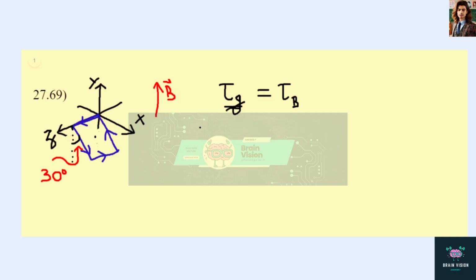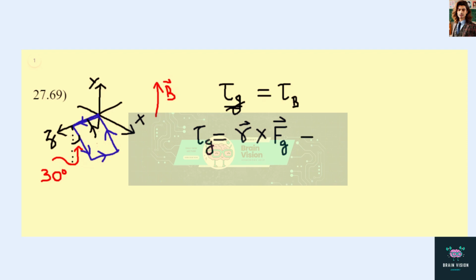And you must remember that the torque in general is just r cross F, where F is the force. So the torque due to gravity is just r cross the force due to gravity. And remember, r is the vector that connects the pivot to the center of mass. So it's this line, this line is r.